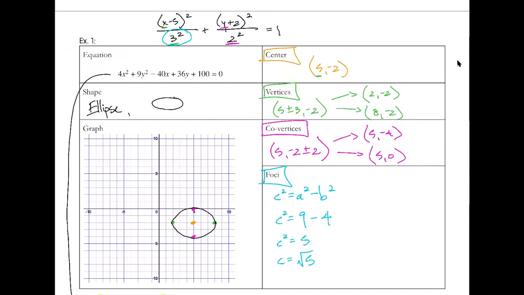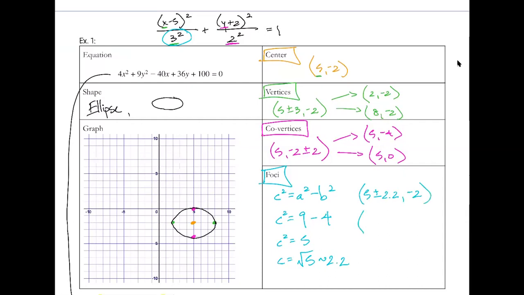Now, am I going to add it to the x value of the center or the y value of the center? Yeah, we're going to add it to the x value because they're going sideways along the wider part of the ellipse. So the square root of 5 is about 2.2.